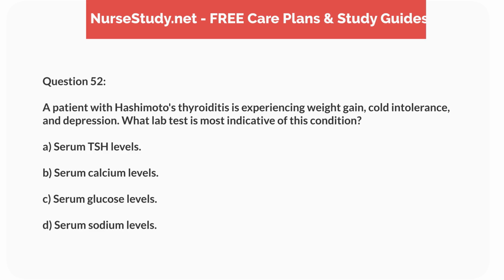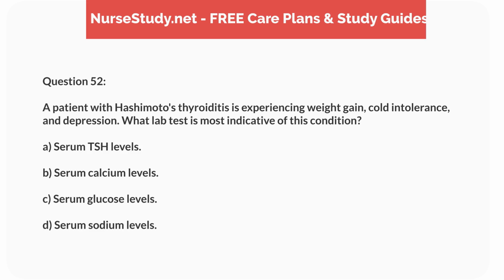Question 52. A patient with Hashimoto's thyroiditis is experiencing weight gain, cold intolerance, and depression. What lab test is most indicative of this condition? A. Serum TSH levels. B. Serum calcium levels. C. Serum glucose levels.